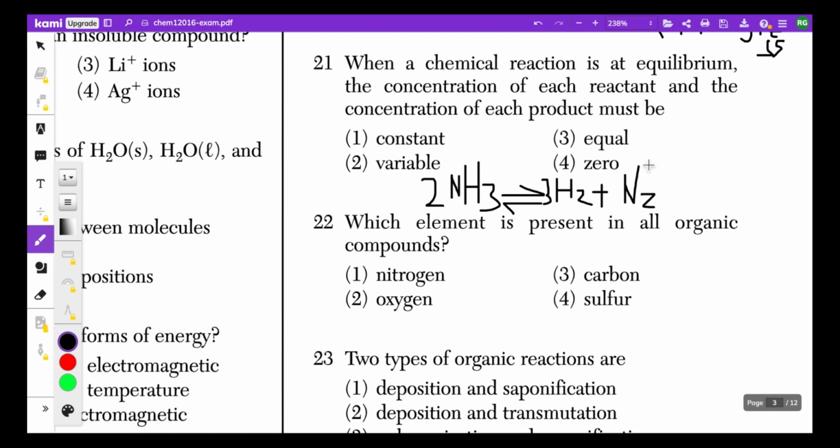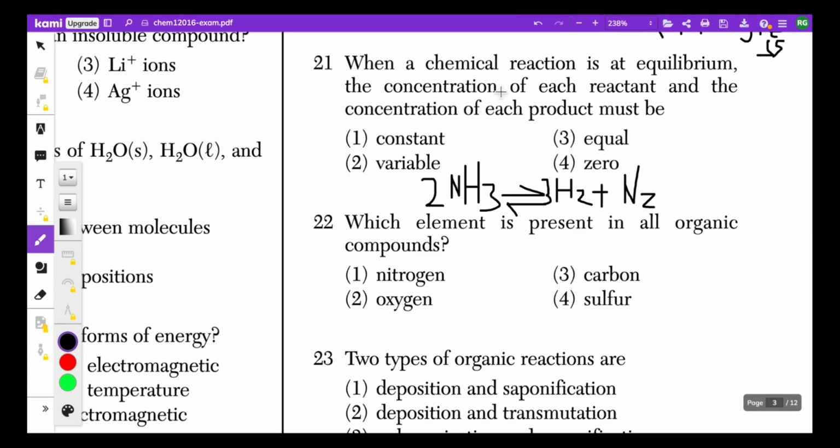So this reaction happens in both directions, right? This can turn into this, and your products can turn back into reactants. So this is an example of a reversible reaction, a reaction that can happen both ways, basically.